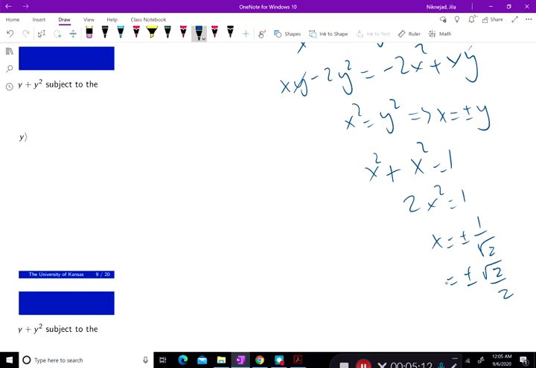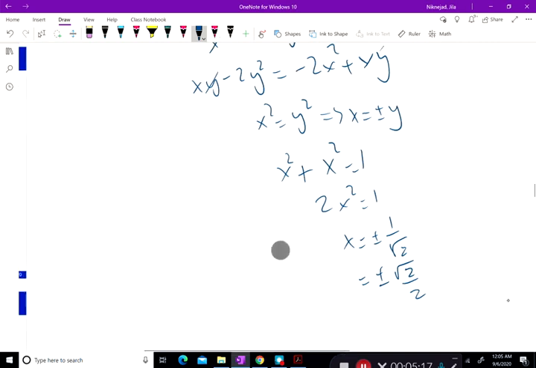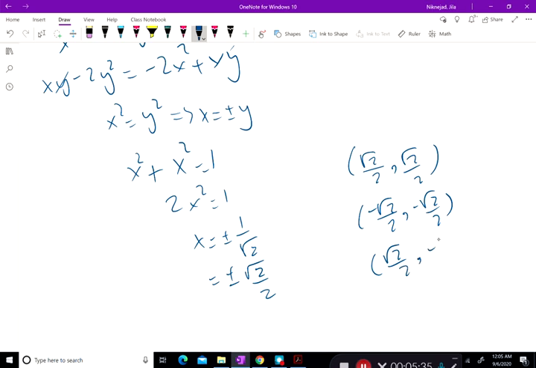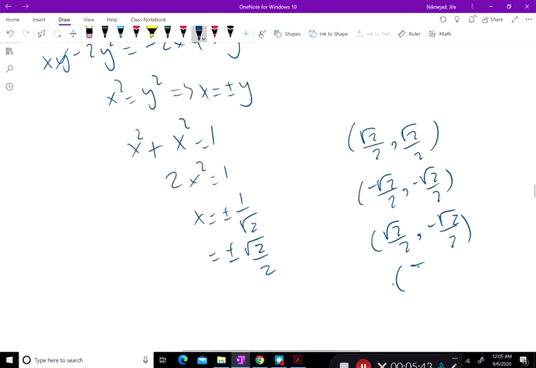And then y is going to be plus minus square root of 2 over 2. This gives us 4 points. Point square root of 2 over 2 and square root of 2 over 2. Point negative square root of 2 over 2 and negative square root of 2 over 2. Point square root of 2 over 2 and negative square root of 2 over 2. And point negative square root of 2 over 2 and square root of 2 over 2.